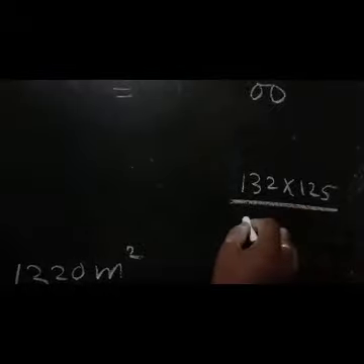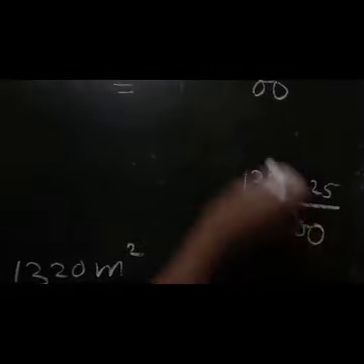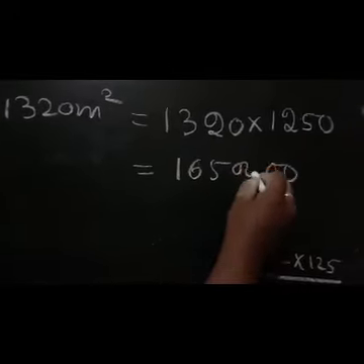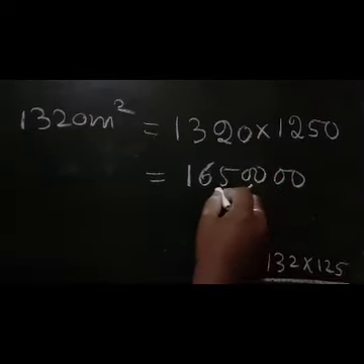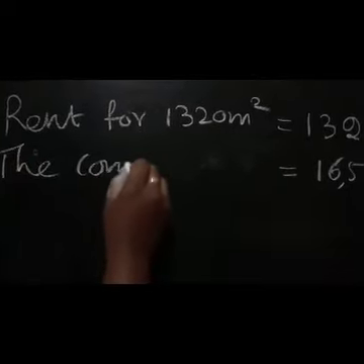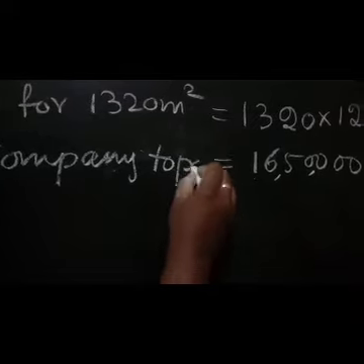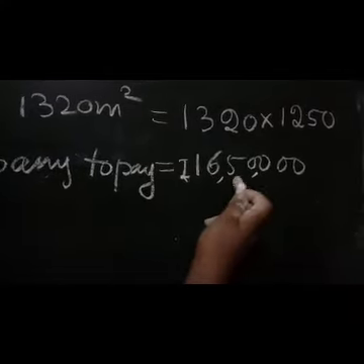When we multiply, 16500 we are getting. So write it here 16500. Already this 00 we written here. So the company has to pay rupees 16,50,000.